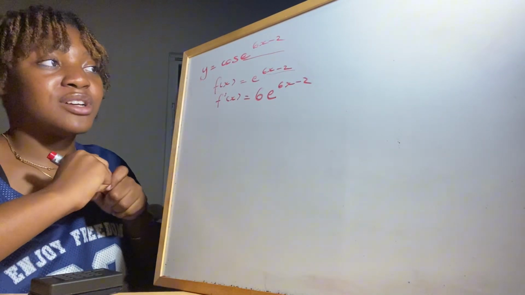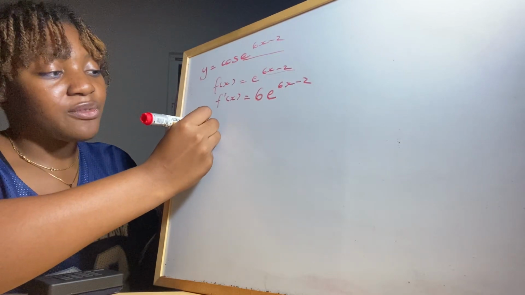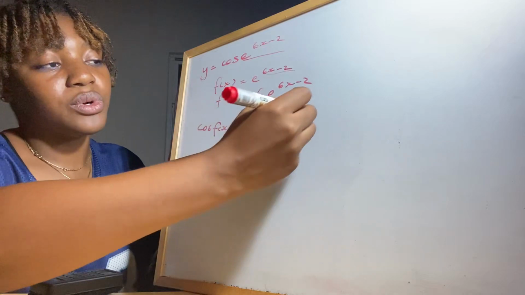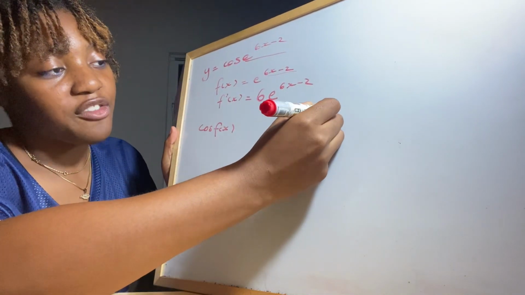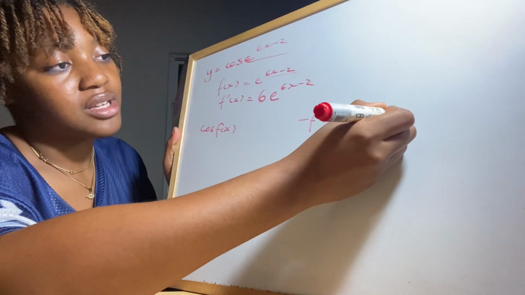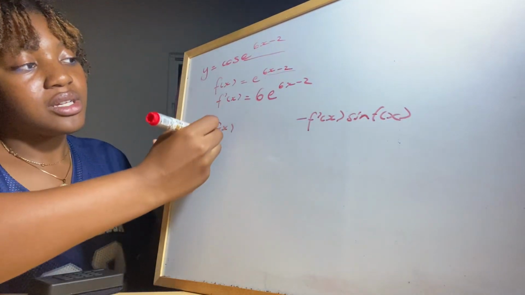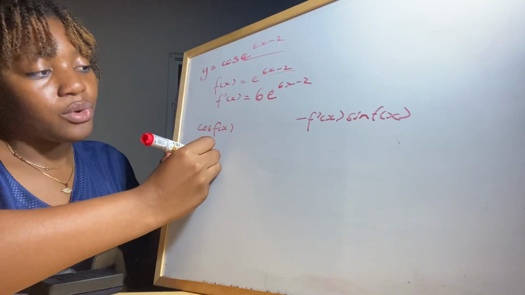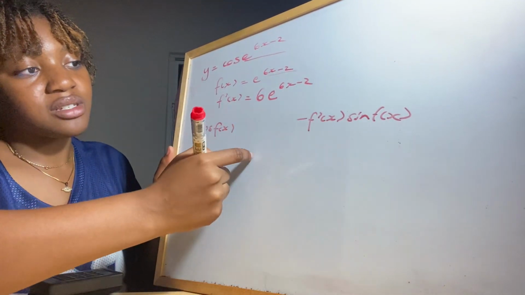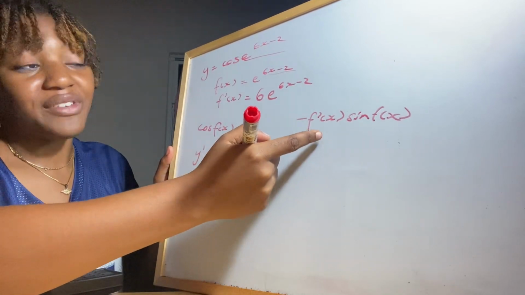Therefore, we're going to follow the format. Recall that if we have cos f of x, the derivative would be minus f prime of x sine f of x. So that's the format we're following. So here y prime would be equal to minus f prime of x.